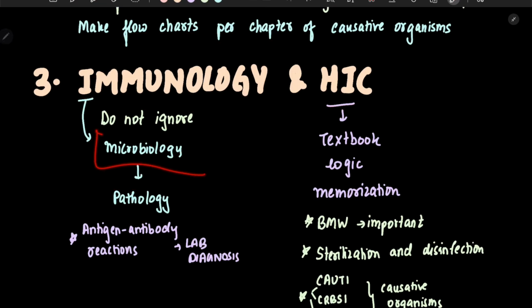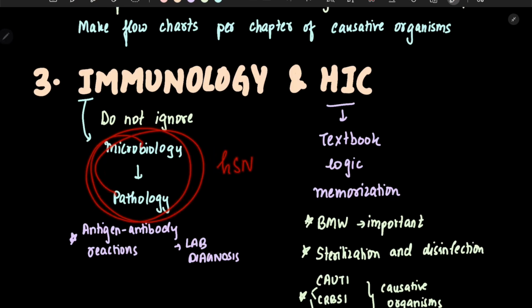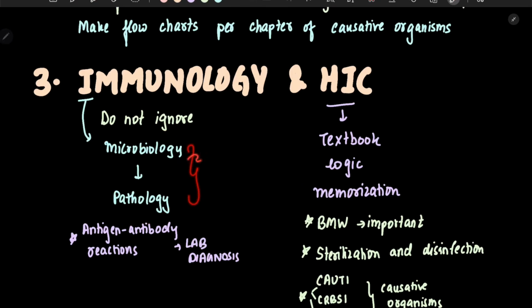Personally, I did the microbiology section first because it talks about the basics of what an antibody is, what an antigen is, what an antigen-antibody reaction is, and then it talks about your hypersensitivity reactions, which are common to both micro and path. So try to study the immunology for micro and path together. Do micro first, then pathology, or whichever way you like, honestly.